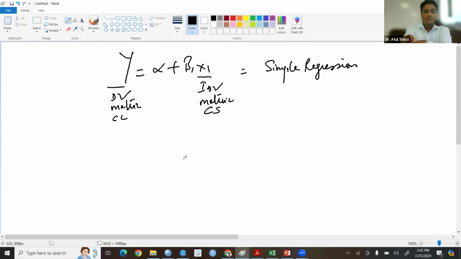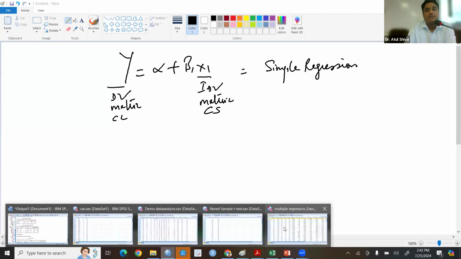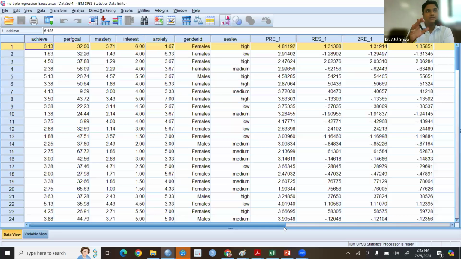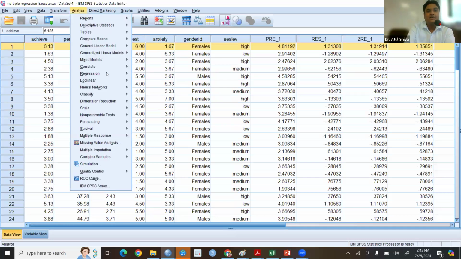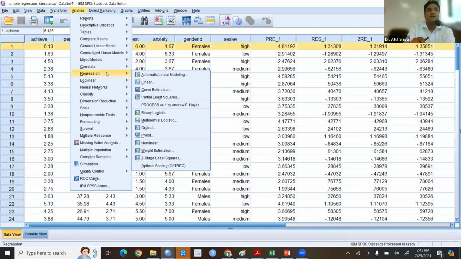For example, if I take you to this file again, this is the standard file we have been using since morning. CGPA of the student is dependent upon performance goal, mastery, interest, anxiety. If I say regression has to be applied, then I go to Analyze and then Regression.